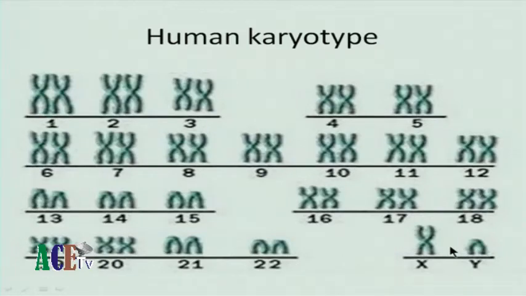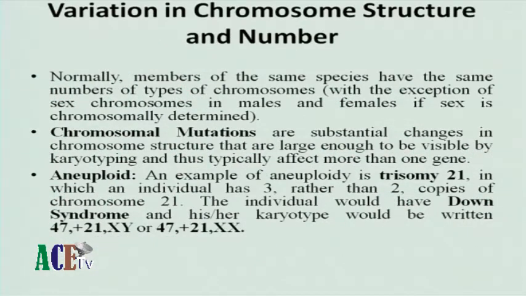So you count them. Now, let's look at variation in chromosome structure and number. Like I told us the other time, anything can happen. So let's look at what happens if there are changes in chromosome structure or chromosome number. The first thing that can cause changes is mutation. So we have mutation at the level of a chromosome.